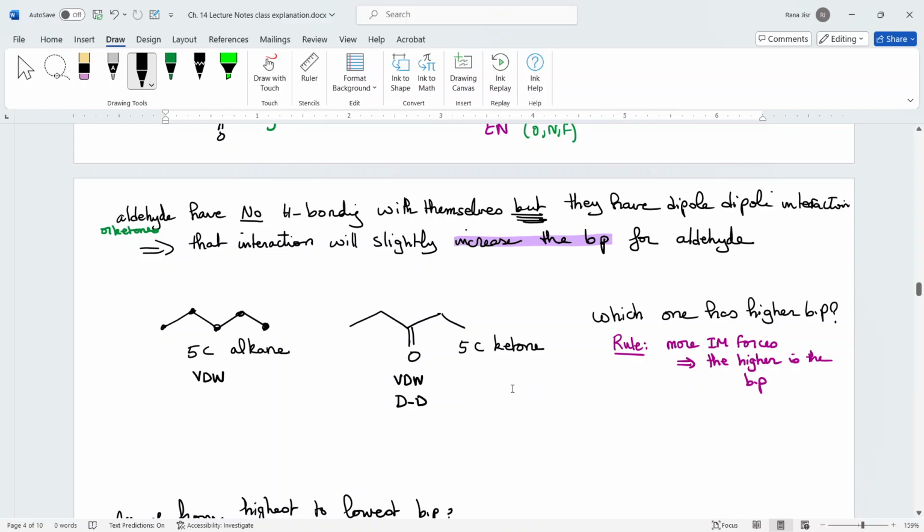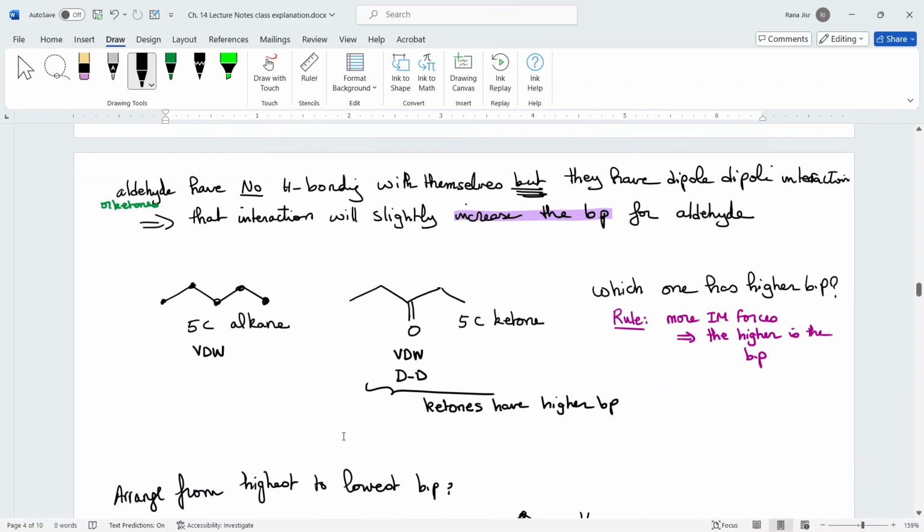Because ketones have two types of intermolecular forces, and the dipole interaction is stronger than the van der Waals, because of the presence of the dipole interaction, ketones do have a higher boiling point. They have stronger intermolecular forces. That is regarding the comparison.